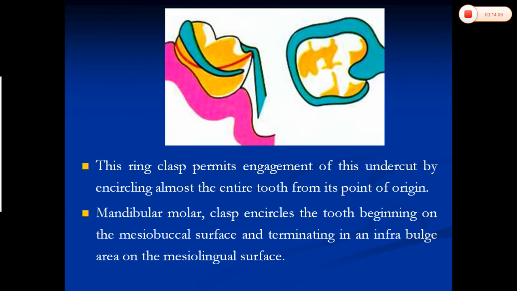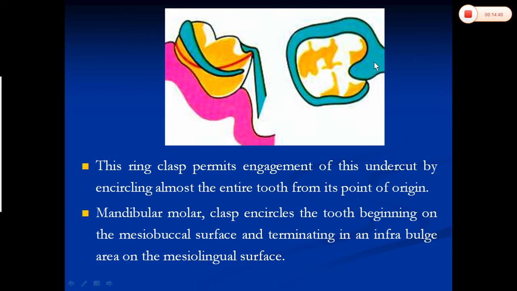Now, next, ring clasp. Whenever a molar is tilted, see here, first molar is missing, second molar is tilted. In this case, from the rest, the clasp originates and encircles the tooth completely on one side, proximally, on the other proximal end, and the other axial surface it engages and terminates here.